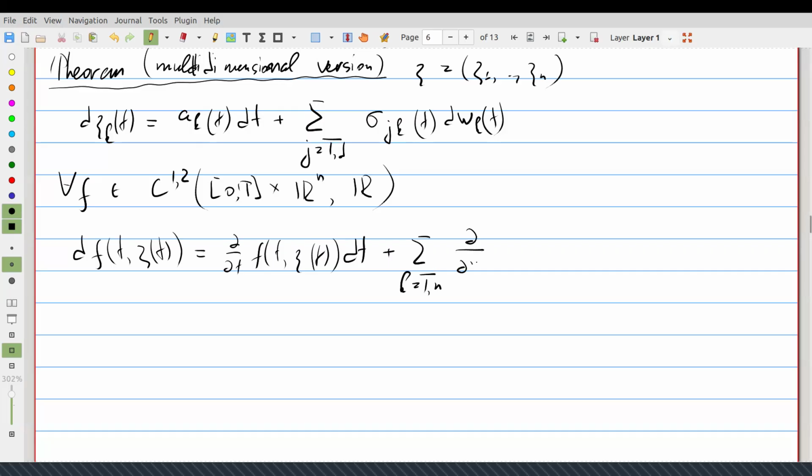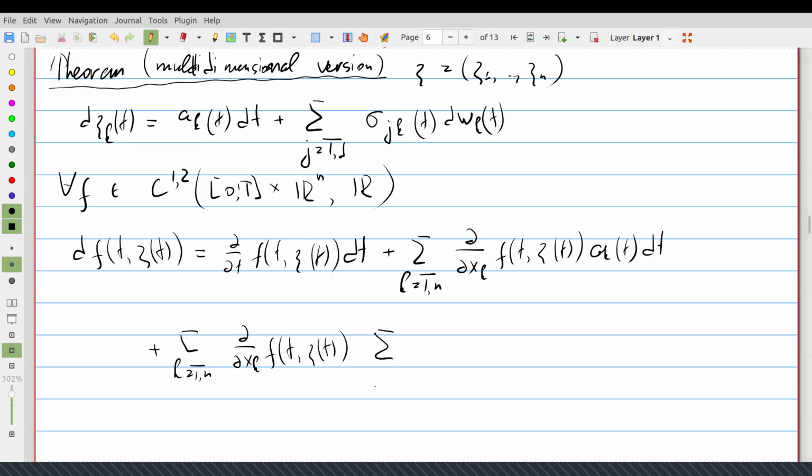d over dx k f t psi of t a k of t dt plus sum k from 1 to n d over dx k f t psi of t.